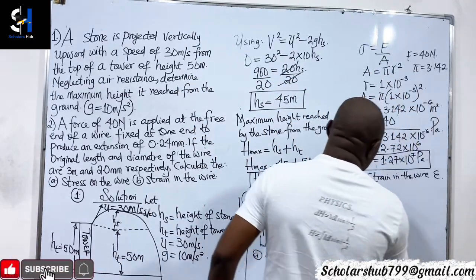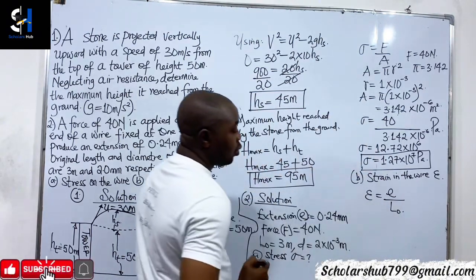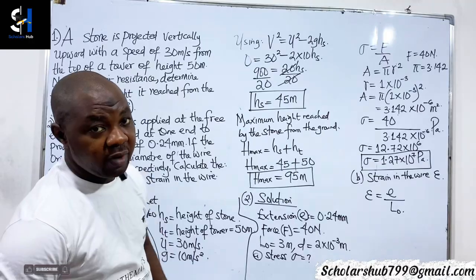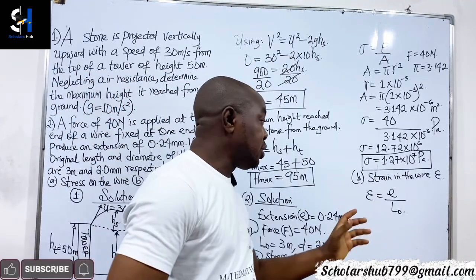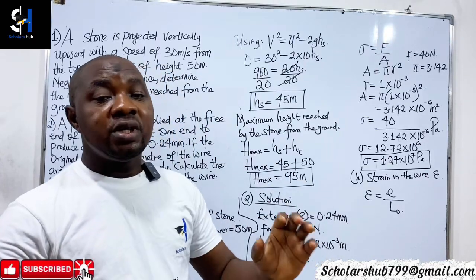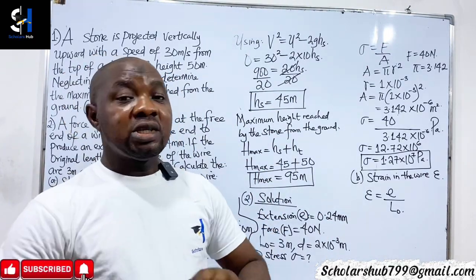So strain will be extension divided by original length. And let's not forget that strain is a dimensionless quantity. That is, it has no unit.